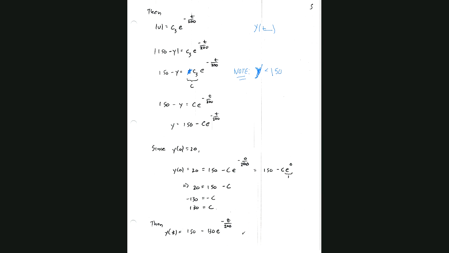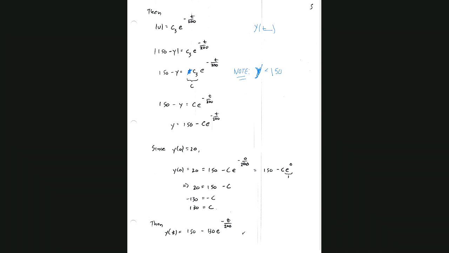But in order to answer the question, how much salt would remain in the tank after half an hour, I have to have a value for that C. And how would we solve for C? What initial condition were we given in the problem about salt?